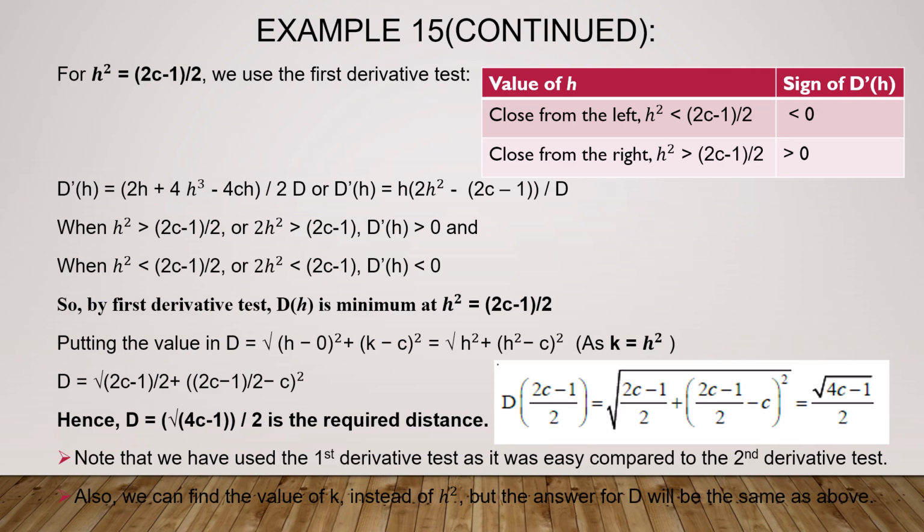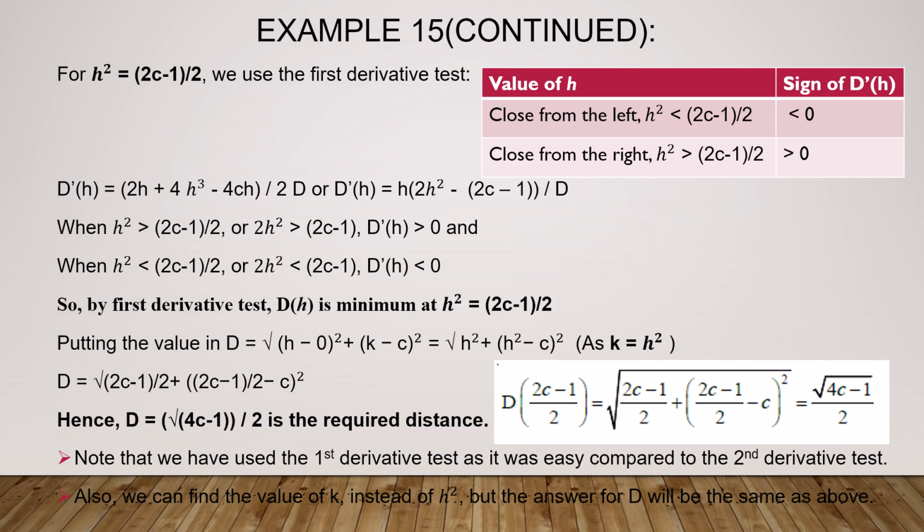And if you are approaching from the right, h² is greater than (2c − 1)/2, then 2h² is greater than 2c − 1, so the numerator in the d′ formula will be greater than 0. So when you go from left to right, it becomes positive. That means it is the point of minima. So by the first derivative test, d is minimum at h² = (2c − 1)/2.